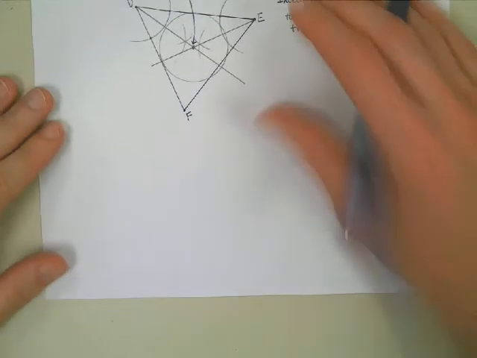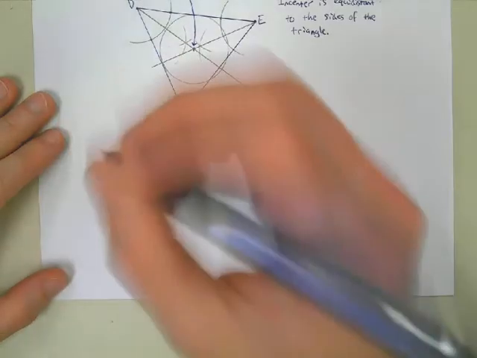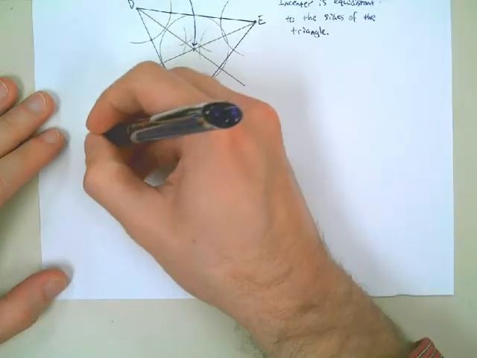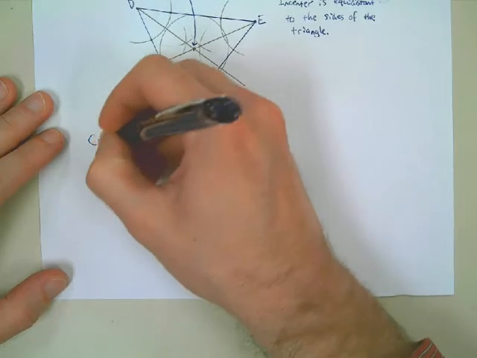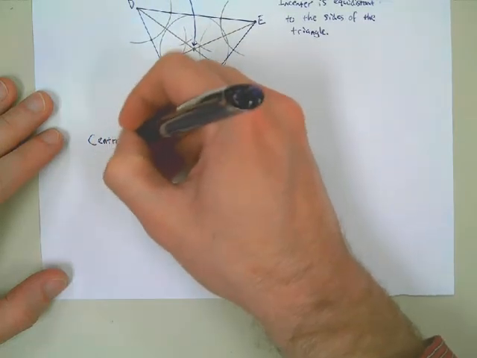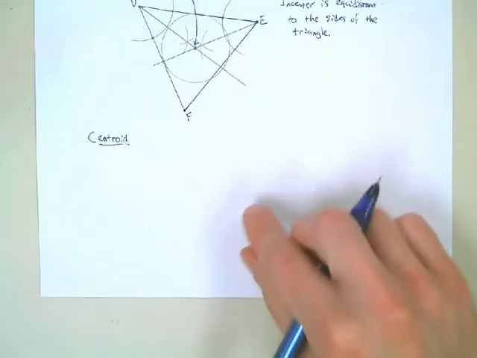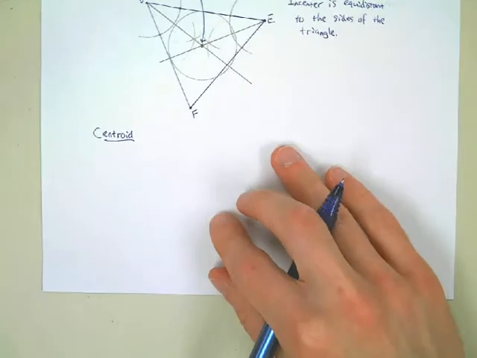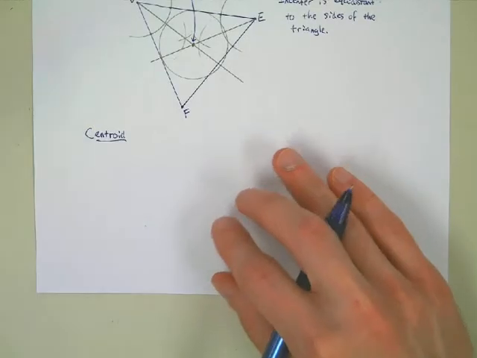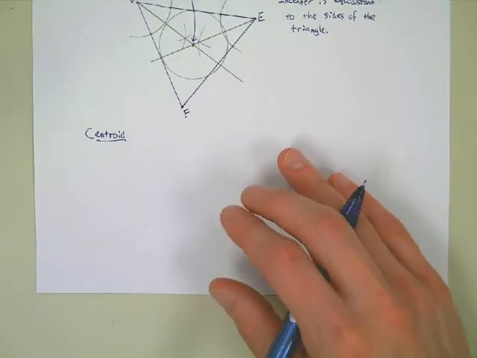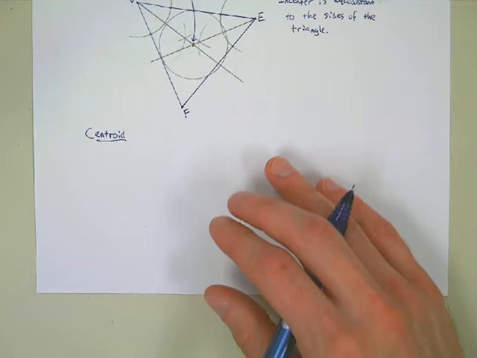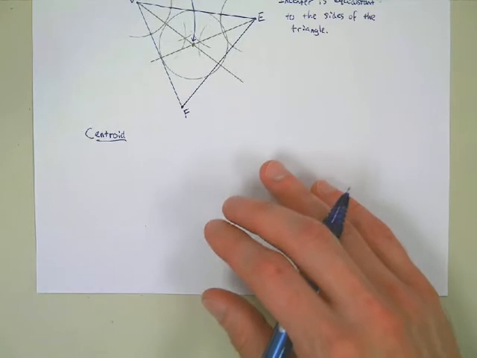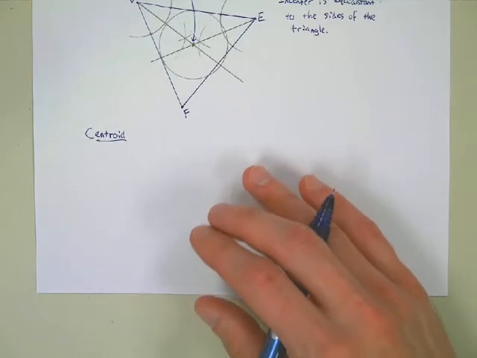Okay? All right. Next one. Let's talk about the last special point, and that special point is called the centroid. The centroid doesn't have the word center in it, although it does have the word central in it, but not in the same way as circumcenter and incenter.